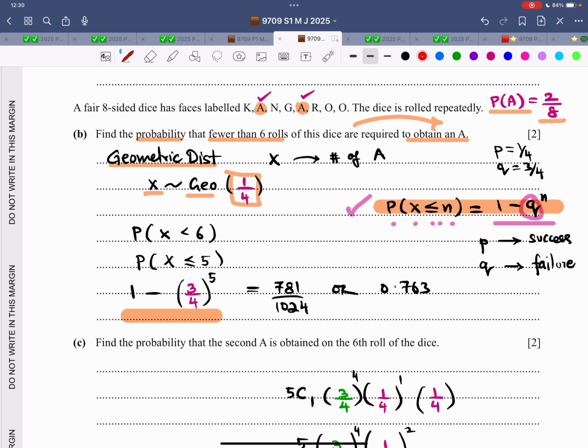Just be sure of one thing. This lesser has to be converted to lesser than or equal to. So lesser than 6, 6 is not inclusive. Therefore, we write lesser than or equal to 5. So 1 minus 3/4 raised to power of 5. We simplify. It's better to leave the answer in fractions because fractions are beautiful, fractions are exact. But if you want to convert it into decimals, take care of the accuracy.